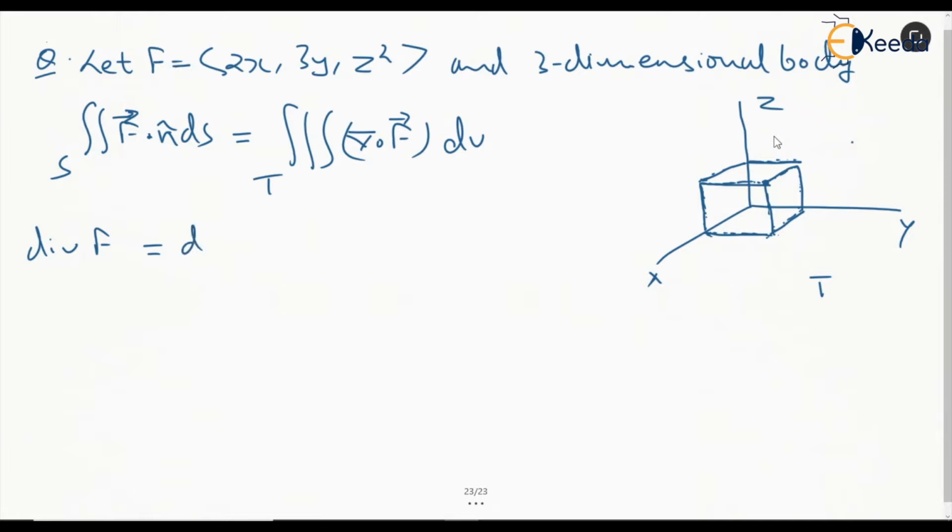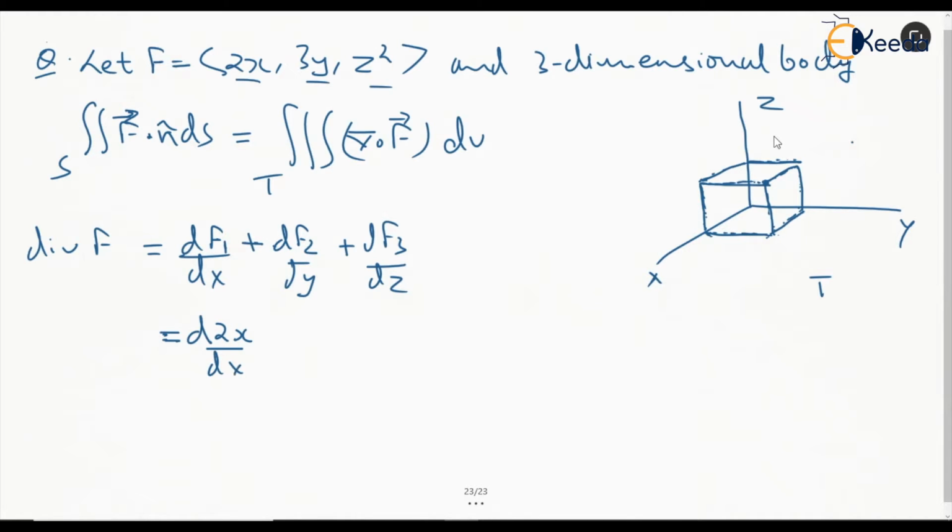It is going to be df1 by dx plus df2 by dy plus df3 by dz. And we have these f1, f2 and f3 components present here. So this becomes d of 2x by dx, d of 3y by dy and d of z square by dz.